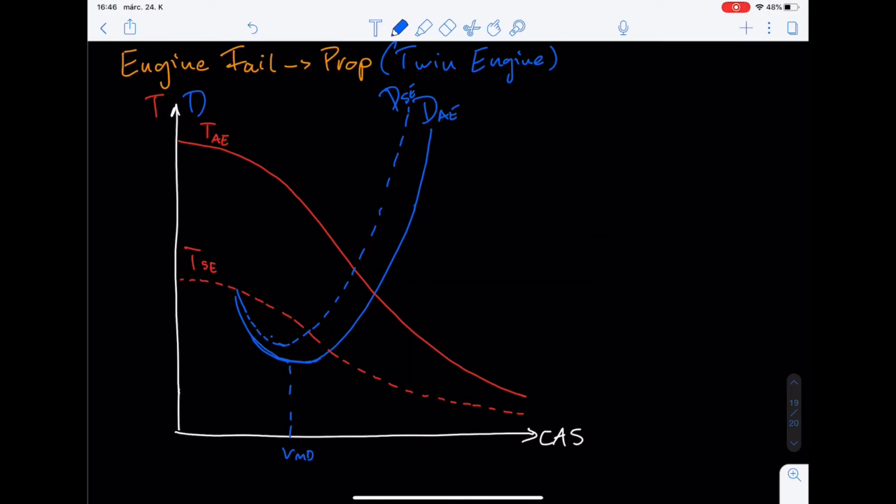Okay, so initially we had the largest excess thrust somewhere around here, right? We said it's way less than the VMD. This is your VX for the propeller driven aircraft for the all engine scenario.